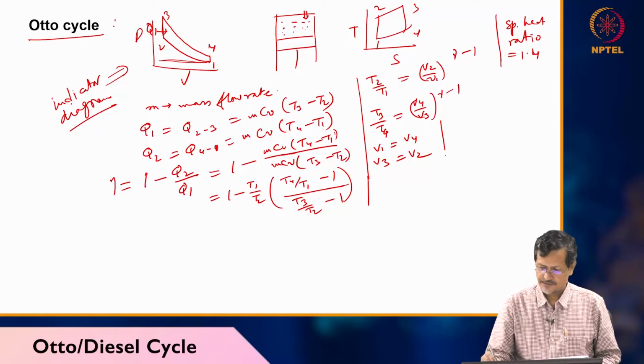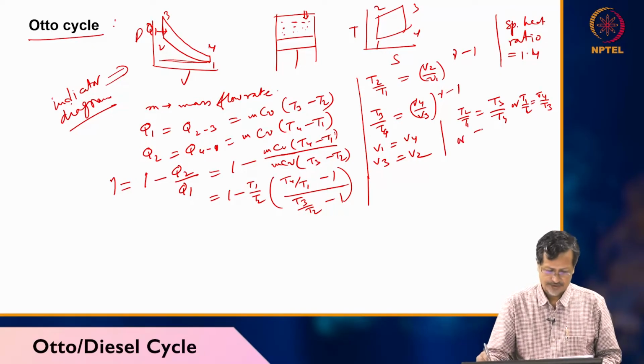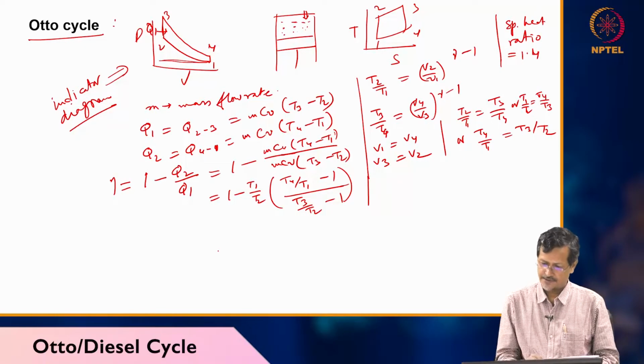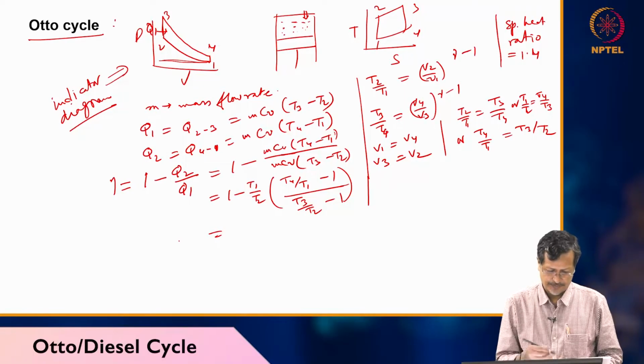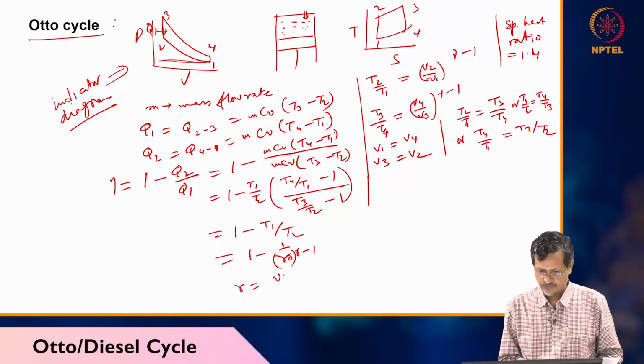So T2 by T1 equals T3 by T4, or T1 by T2 equals T4 by T3, or T4 by T1 equals T3 by T2. If we replace all these values, 1 minus T1 by T2 equals 1 minus 1 by R to the power gamma minus 1, where R equals the compression ratio V1 by V2.